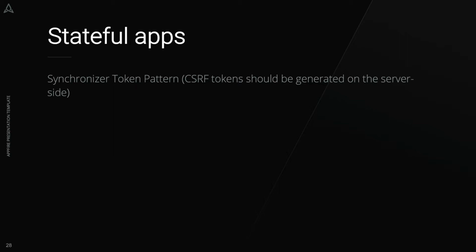The first known way to prevent this attack is the synchronizer token pattern. This one generates a CSRF token on the server side and uses this token to verify if the client is permitted to execute the request. The second one is the SameSite cookie attribute, and the third one is verifying origin with standard headers. Okay, let's talk about each of them.